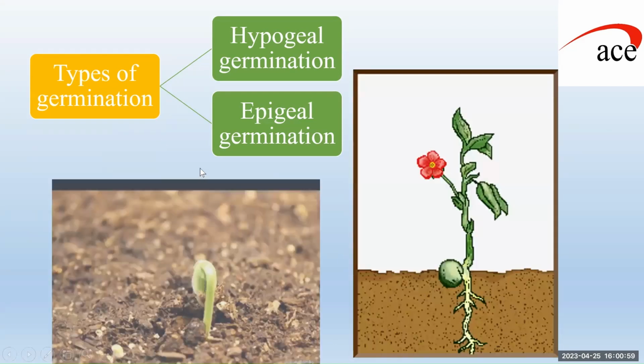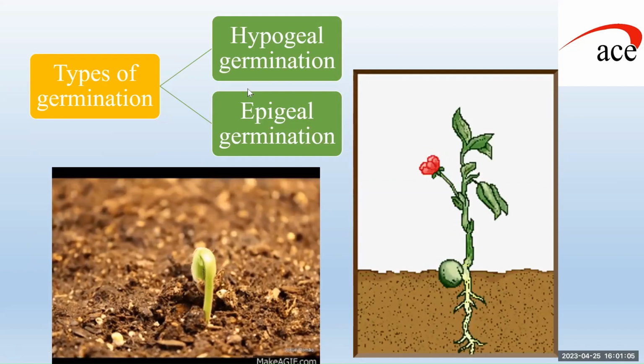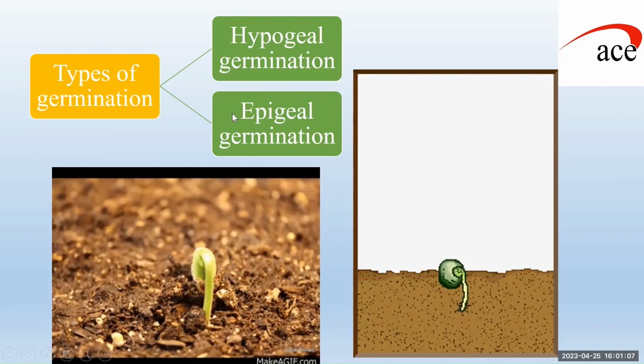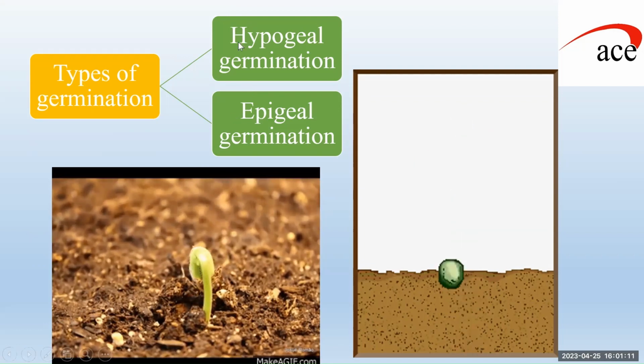If the epicotyl elongates, the cotyledons will remain under the ground, and this is called hypogeal germination.